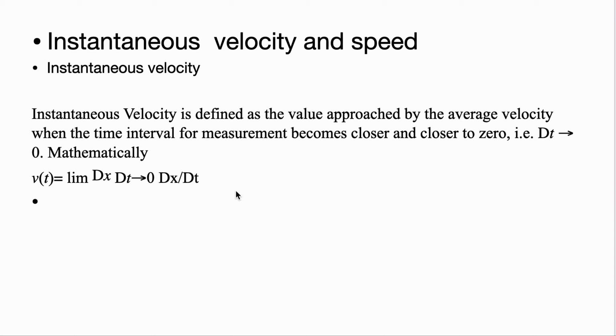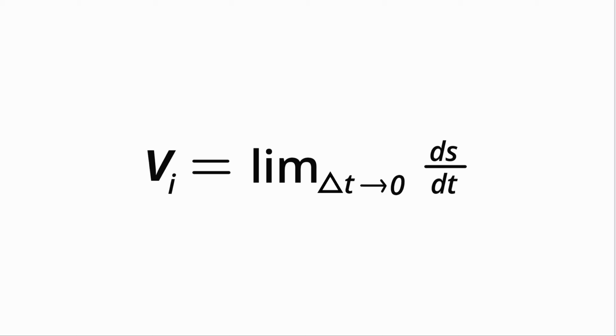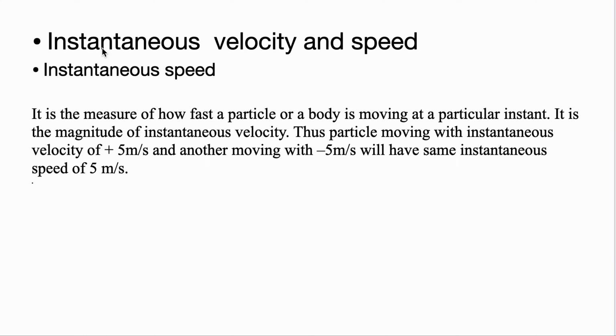For this you have to apply integration, then only you can solve the problem. This is a typical formula thing. So v_i is equal to limit delta t tends to 0 of ds by dt or dx by dt as per your convenience. So for instantaneous velocity and speed, we'll go with instantaneous speed.